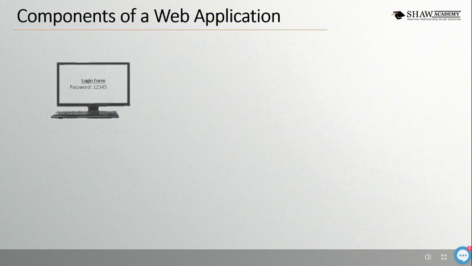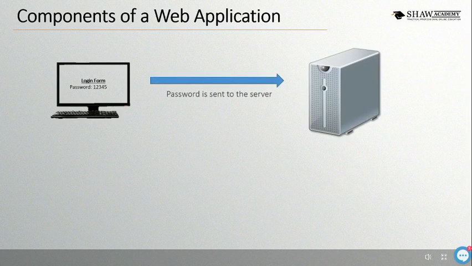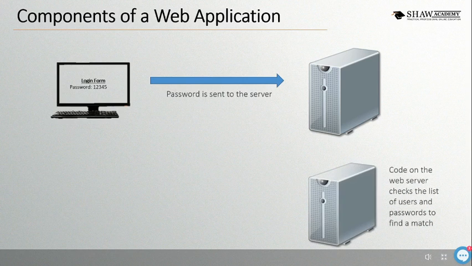Okay, so just to have a quick look, guys, at how backend code works. If we have a user trying to log into a website, let's say his password is terribly unsafe and it is 12345. This 12345 password gets sent to a web server. At this point, guys, the backend code on the web server will check the list of users and passwords on a database to find a match.